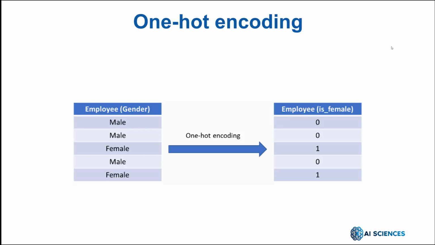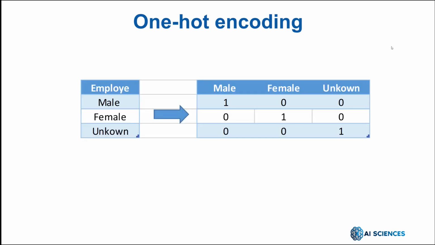One-hot encoding is one of the transformation techniques that can be used to transform categorical features into numeric categorical features. So if the feature has only two categories, then those two categories can be replaced by 0 and 1. In our employee dataset example, we can replace male with 0 and female with 1. Now, consider a scenario where the categorical column has more than two categories.